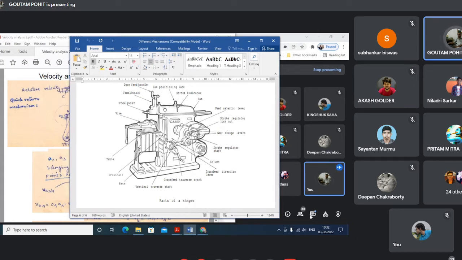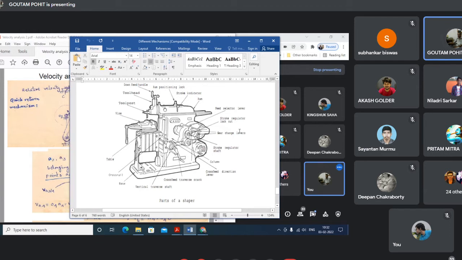If you occupy a machine, it's costly because you are losing time during the backward motion. So what we basically do is make the backward motion faster than the forward motion, so that idle time will be reduced.